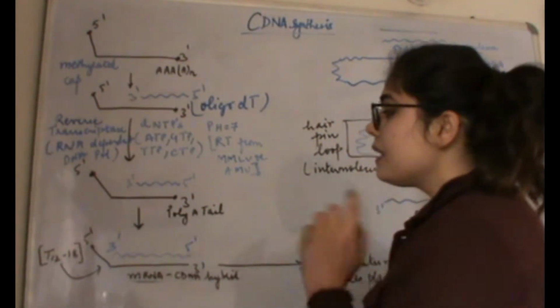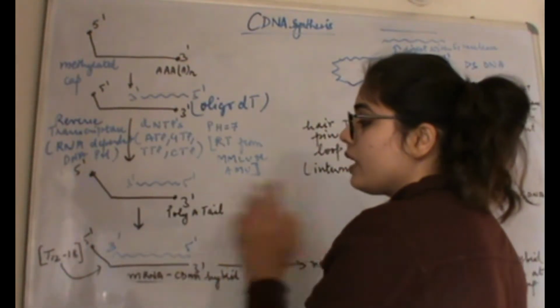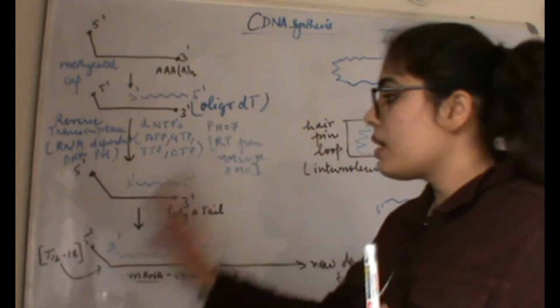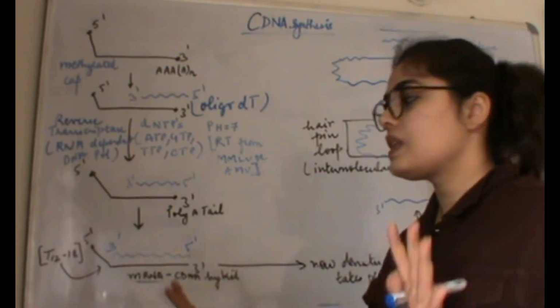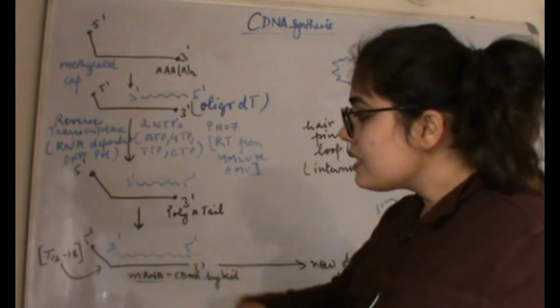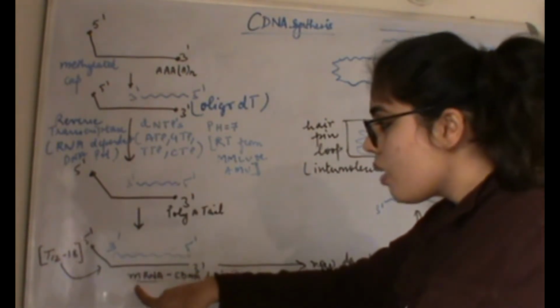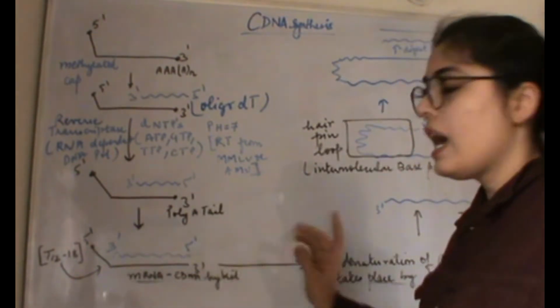So now what is happening after this synthesis, the synthesis has begun. I already told you, we have hybridized oligo dT to the 3' end, that is T12 to T18 in number of base pairs. Now this has totally been synthesized, and it has formed the mRNA-cDNA hybrid.